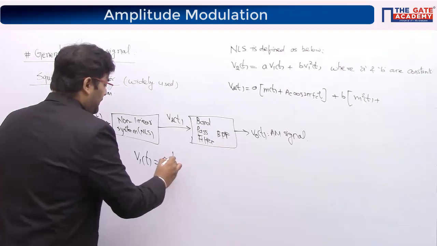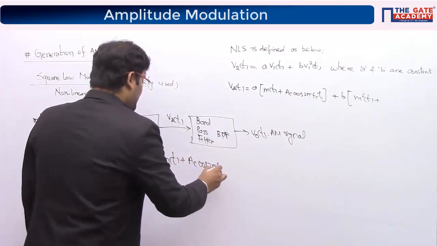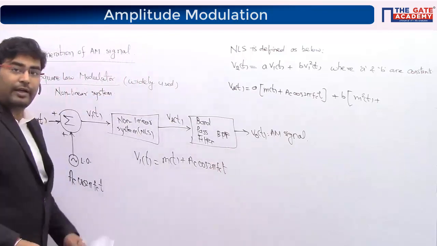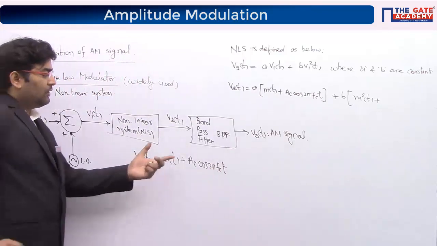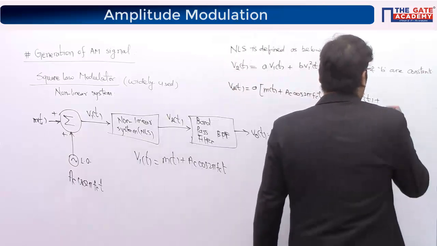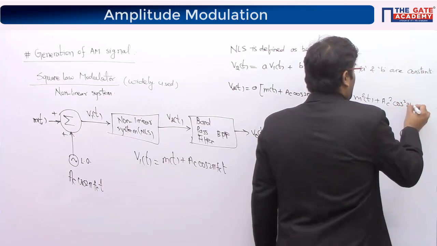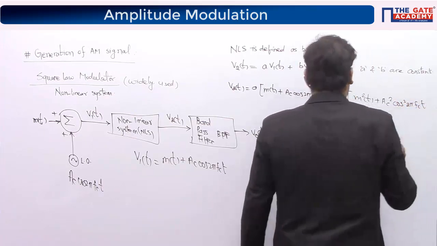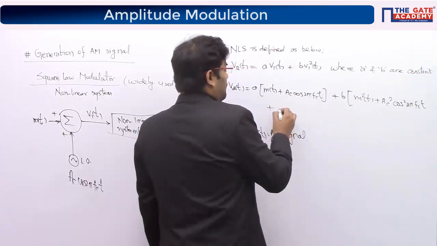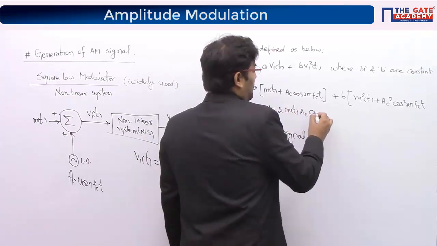So it is m(t) plus Ac cos 2πfct. Now what is v1 square(t)? You have to square it: m square(t) plus Ac square cos square 2πfct plus 2 m(t) Ac cos 2πfct.